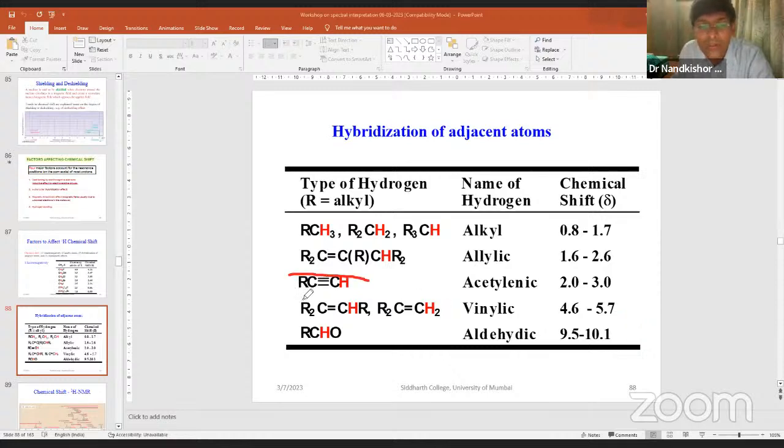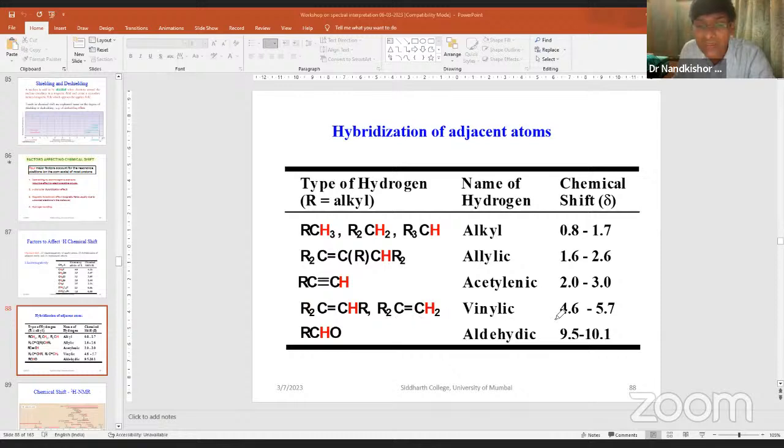Whereas for the triple bond, the del value is considered to be 2 to 2.3. This is sp2 hybridized and this is sp hybridized. The sp2 hybridized is less electronegative, whereas the sp hybridized compound is considered to be more electronegative. So acetylenic protons are more acidic than the olefinic ones. But the effect in terms of the chemical shift is reverse. There are certain factors in the acetylenic compound, because the structure is linear, whereas the structure of the sp2 hybridized is trigonal planar.